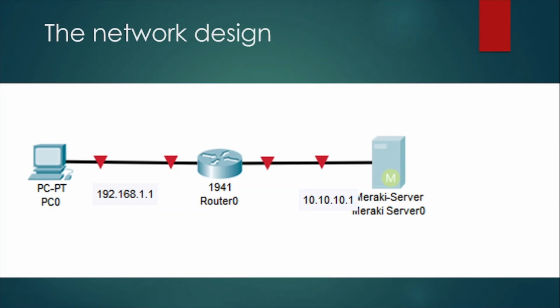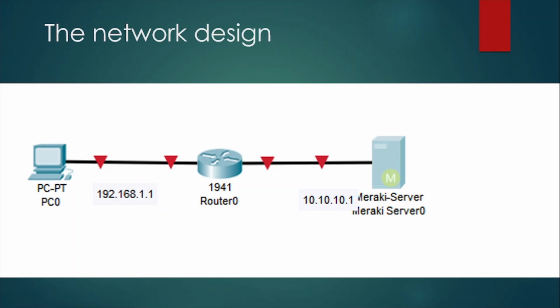In our case, we have a pilot design, and in this design we give the inside address, as you see here, an IP address of 192.168.1.1 with the subnet mask of 255.255.255.0.